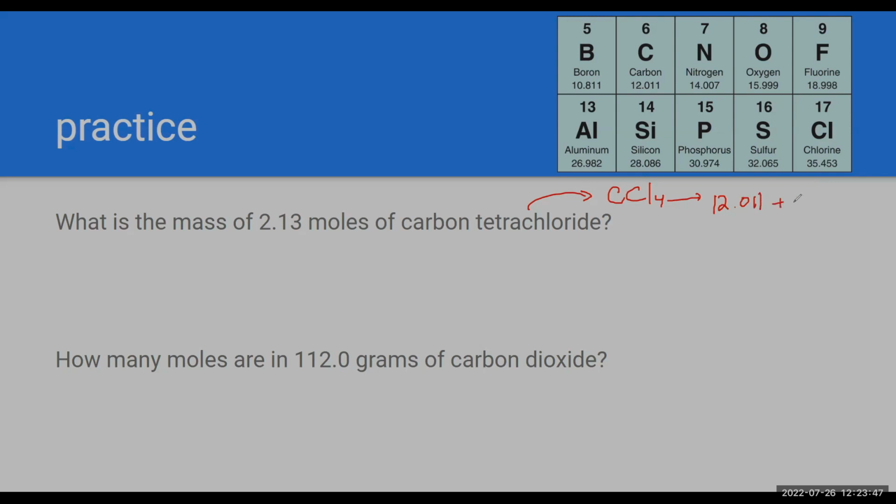And then 4 chlorines. So I'm going to do 4 times 35.453, which is the mass of chlorine. And if we work this out, we should get a mass of about 153.823.